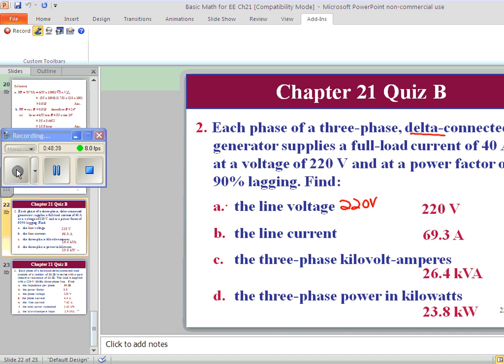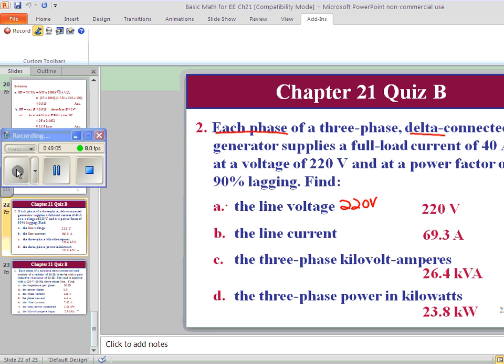It's asking us what it's telling us. The line current, okay, is saying that the full load current is 40 amps. Oh, each phase, I'm sorry. But our line voltage is still, if this is a phase voltage, 220 volts, the phase voltage is 220 volts, and the line voltage is 220 volts.